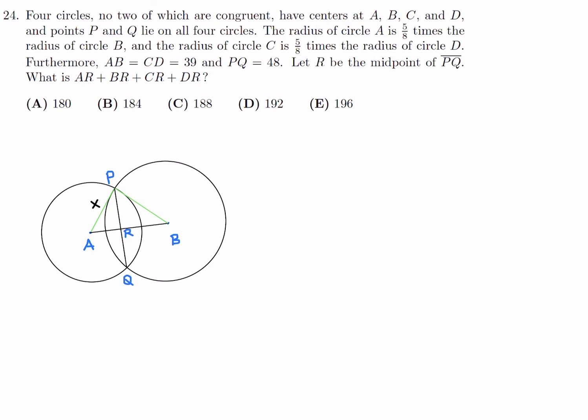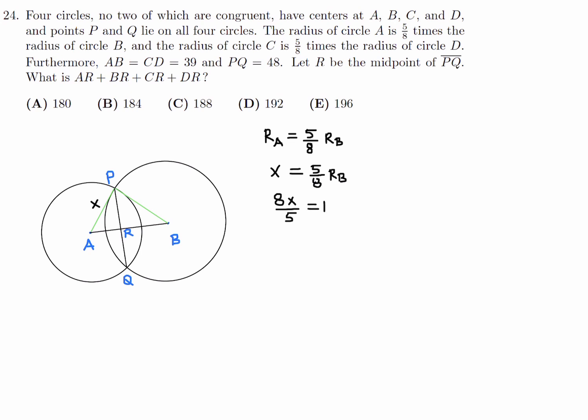And we are told that the radius of circle A is equal to 5 over 8 the radius of circle B. So since I'm using just a simple variable x, I'll just put that in, and then I can get an expression for the radius of B in terms of x. It's basically going to be 8x over 5.